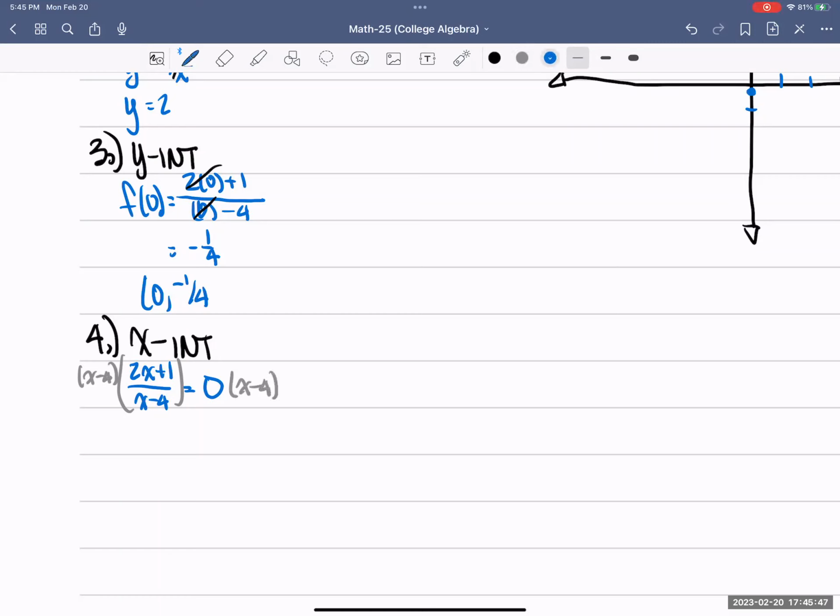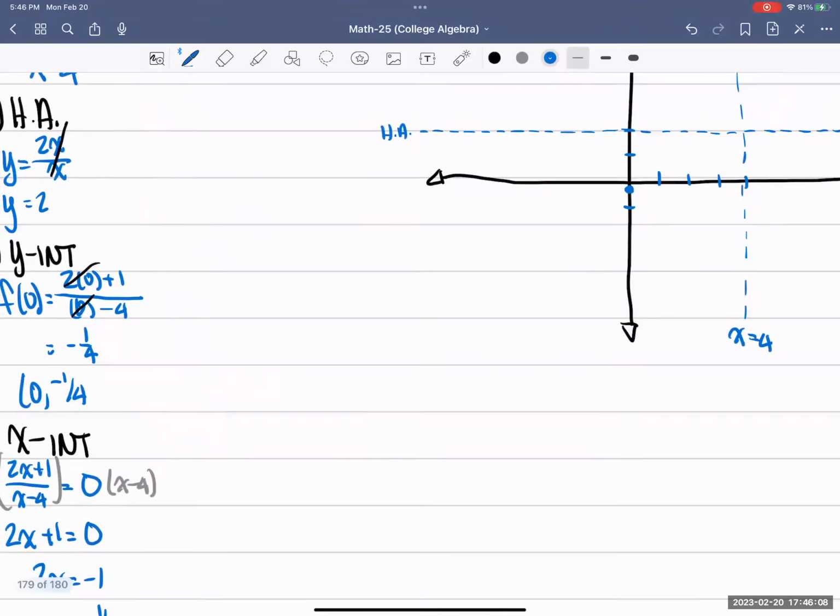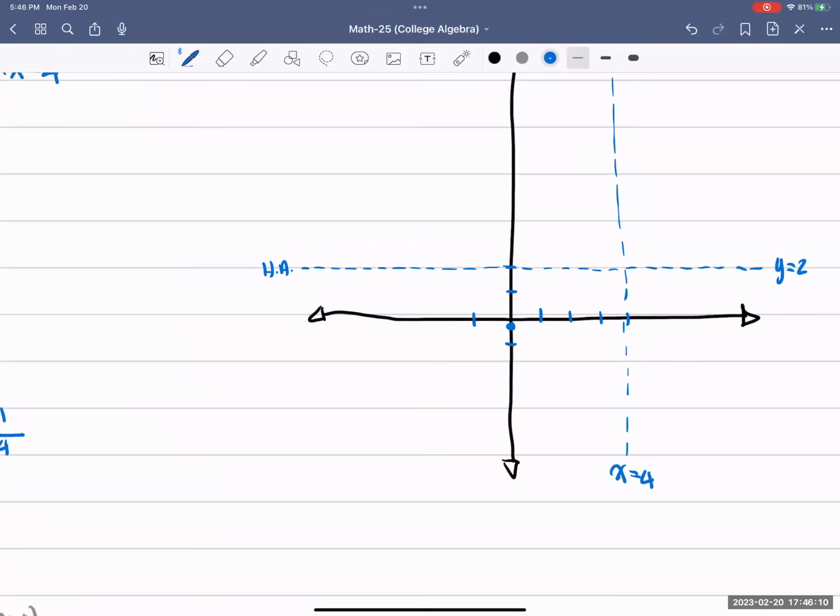And that leaves us with 2x plus 1 is equal to, here we have x minus 4 times 0 is just going to be 0. 2x equals -1, and x equals -1/2. So when x is -1/2, y is equal to 0. So this is 1. When x is -1/2, y is equal to 0. So we have that part there.